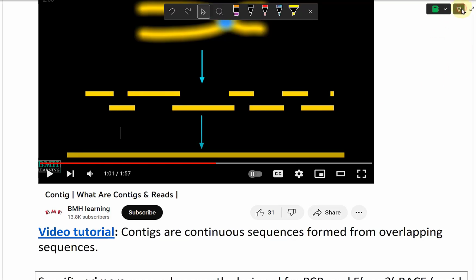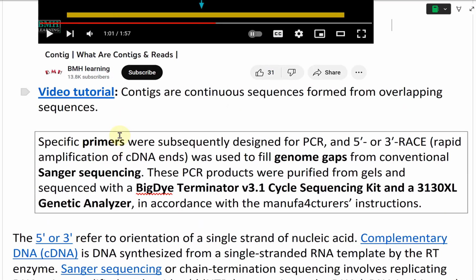I'll just change this color to red. So you have this overlapping, and then you would form a single continuous one. Yeah, like that. And then just get back to the black pen. All right, so we have that. And continuing further, so yeah, video tutorial: contigs are continuous sequences formed from overlapping sequences.